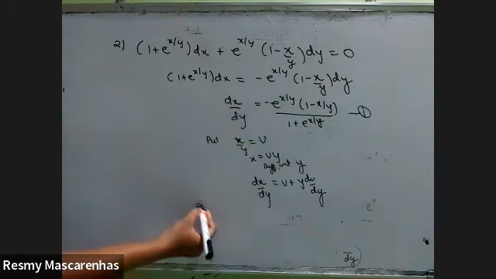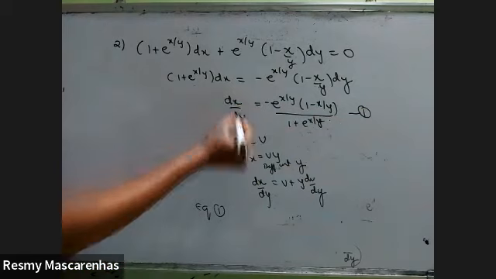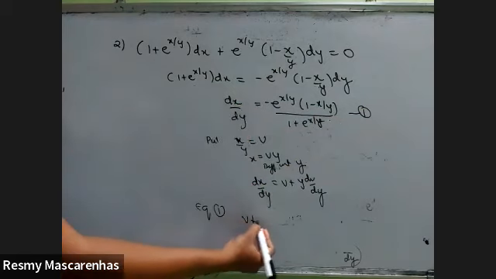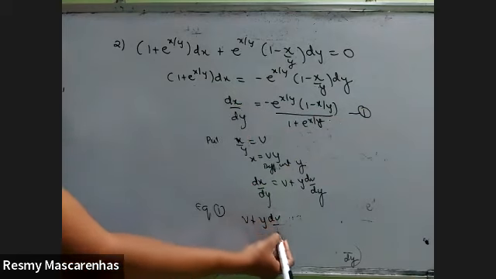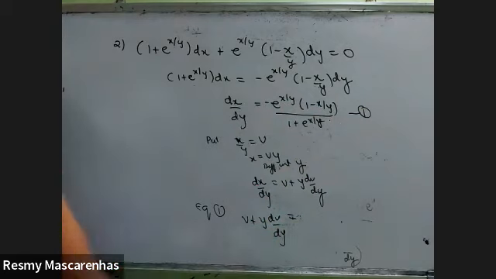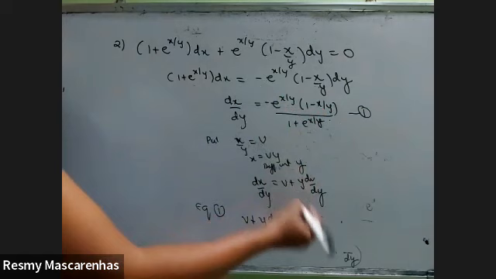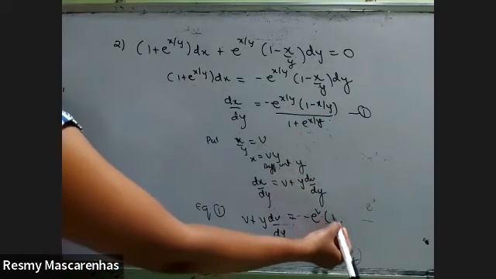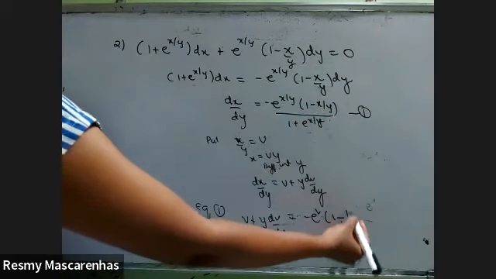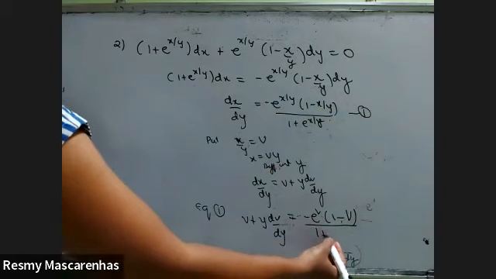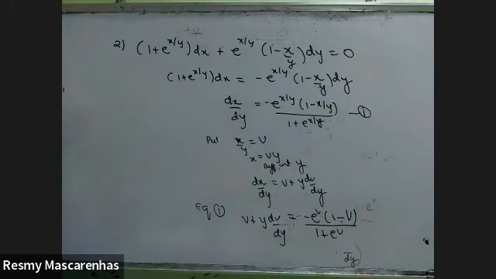So what will equation 1 become? Instead of dx upon dy, we have to put this. Wherever there is x upon y, you have to put v. Again, x upon y is equal to v upon e raised to v.